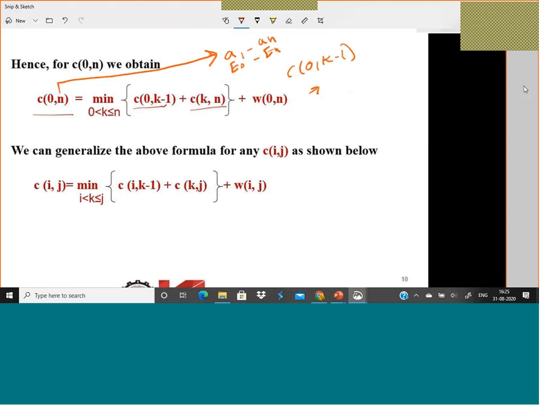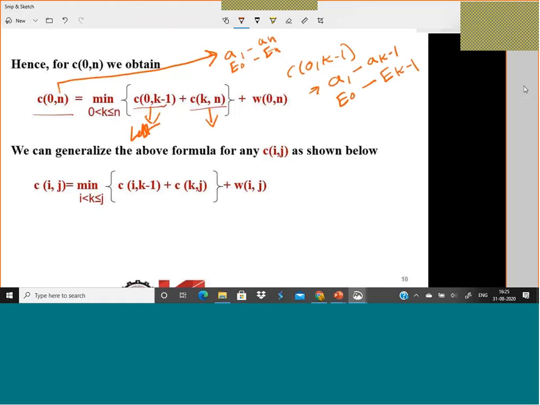It contains A1 to A of K minus 1 and E0 to E of K minus 1 nodes. That is a left subtree. This is a left subtree. This is a right subtree.